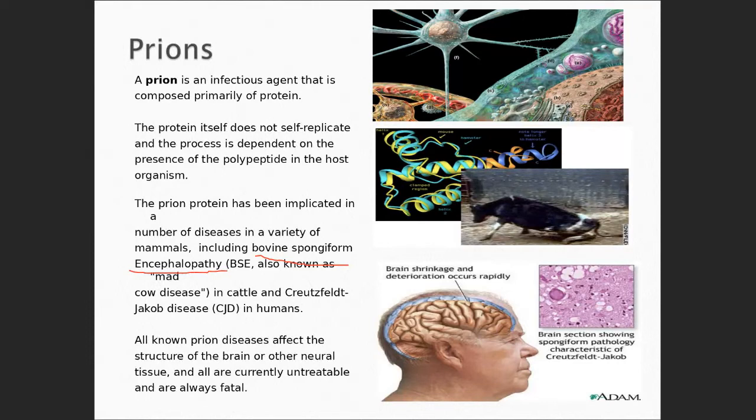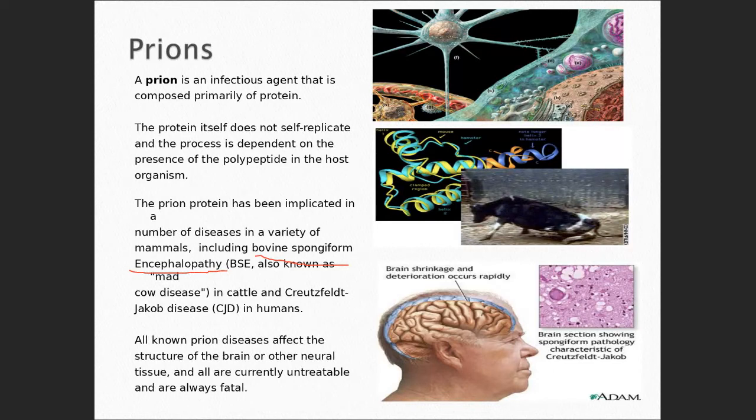And so the science is still a little fuzzy about how humans get it. We know that you can get it from transfusions, from iatrogenic processes, like operations and things like that, right? And we know that you can get it from eating contaminated food, right? Meat that's not cooked all the way through, or at least we think that.